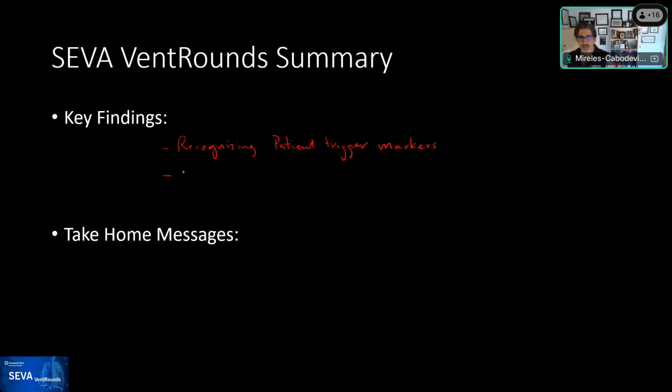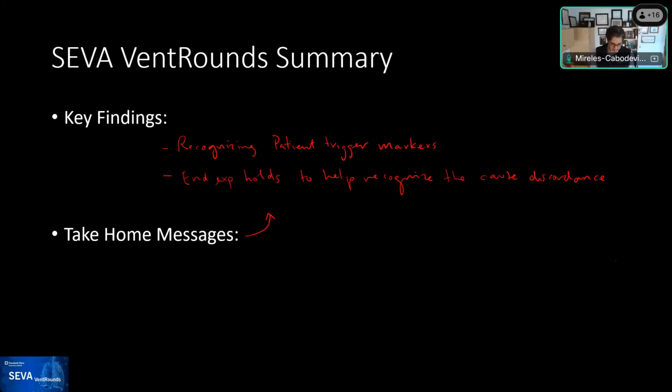We also talked about the importance of end expiratory holds to help you recognize the cause for certain discordances, in particular false trigger and fake trigger. I think that these are pretty good take-home messages in general terms for all of you.